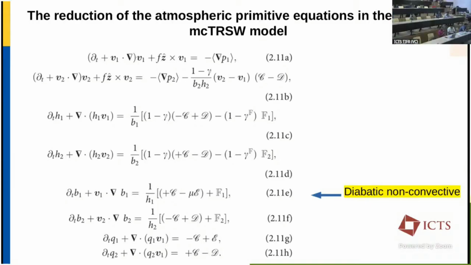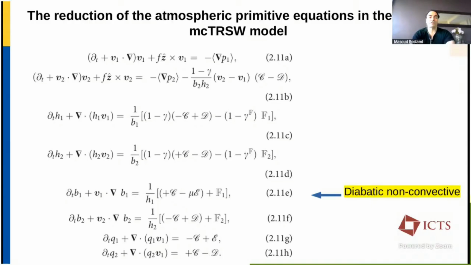Okay, so now do you still have conservation of energy? Yes, still we have conservation, but this conservation is not by physics, it's by parametrization.